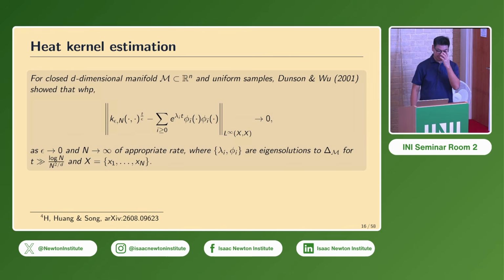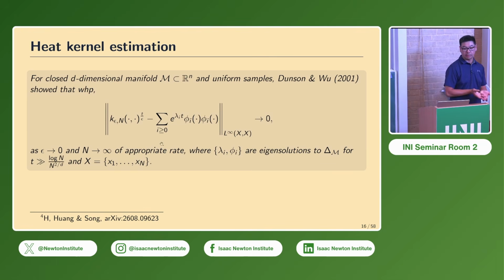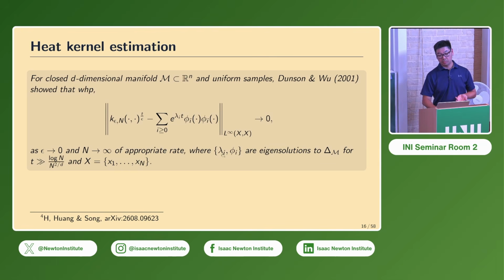Heat kernel estimation. There is this result by Dunson and Wu, saying the following. For a d-dimensional manifold, if you take the symmetrized version to the power of t over epsilon, for appropriate t larger than a certain number that decays as a function of n, it converges to the heat kernel corresponding to the Laplace-Beltrami operator, with appropriate rate.